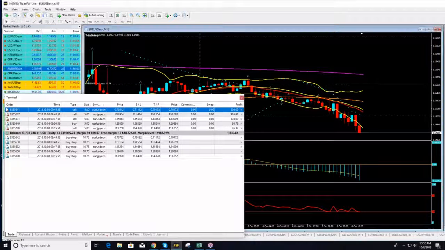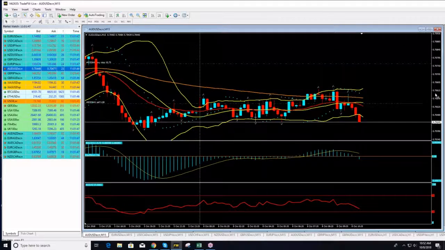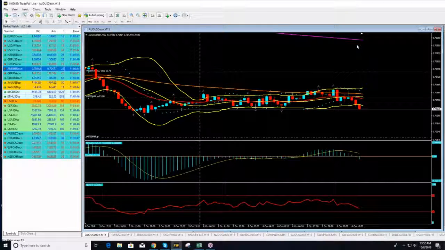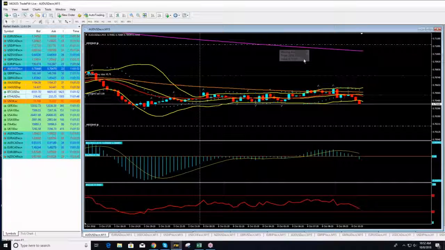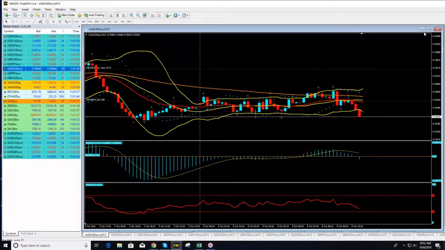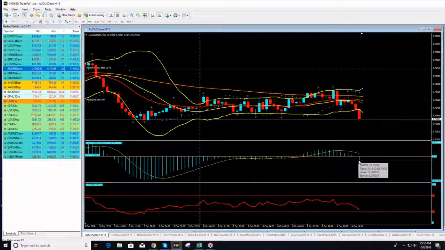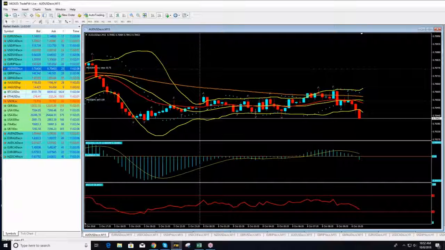Let's have a look on Aussie dollar. Basically I like Aussie dollar because the price is trading below the MA of 200 periods, and as you can see on the 15-minute chart, the current trend of the daily is downtrend. MACD has just crossed below the trigger line, the zero line, and I believe that it will fall.